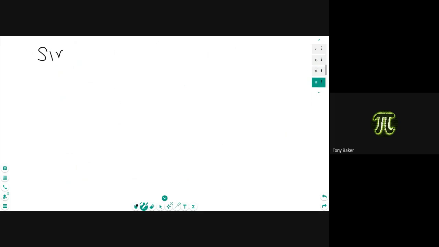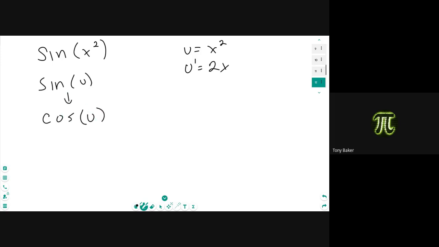The other equation that I deleted a couple times was this. What's the piece that's annoying? The x squared. So this time we're going to make u x squared. What's the derivative of x squared? 2x. What's the derivative of sine of u? Cosine of u, right? That goes to that, correct? Yes?